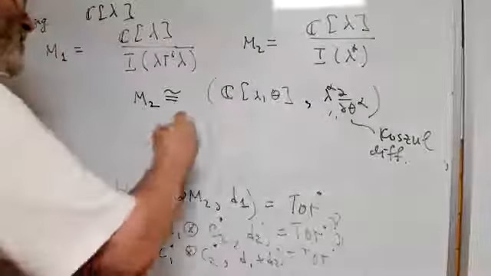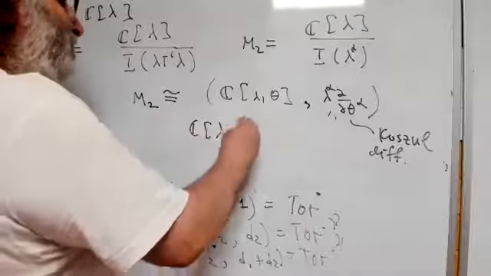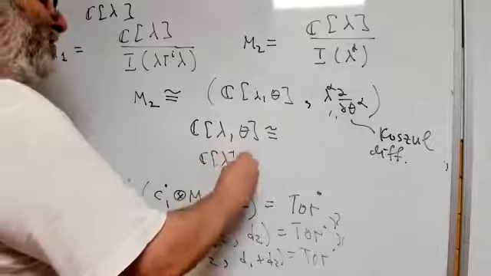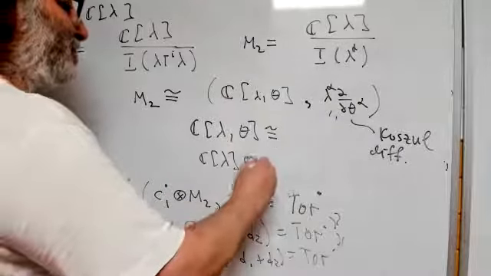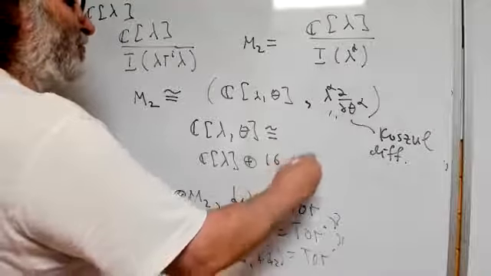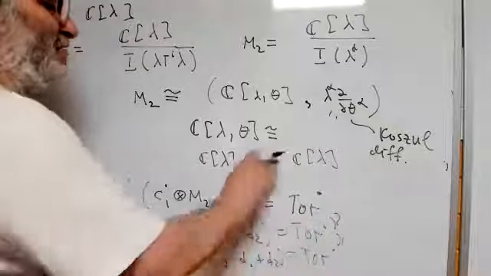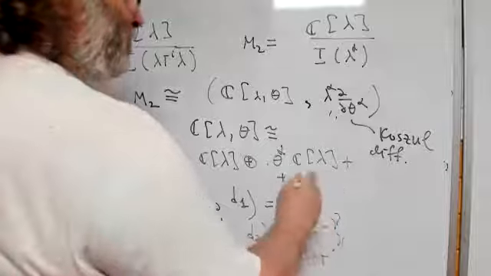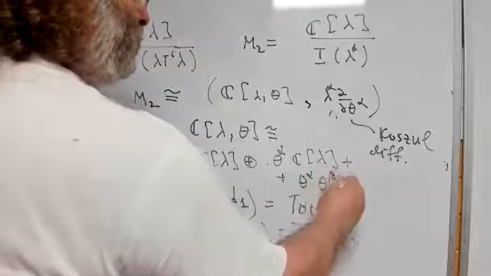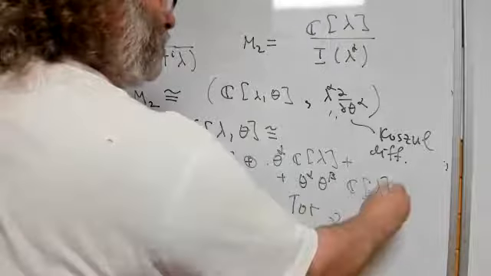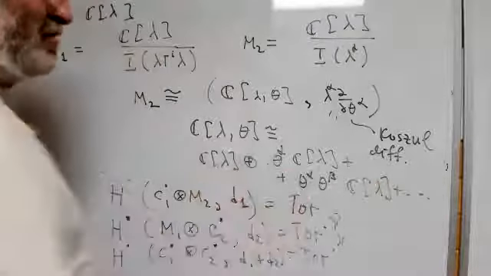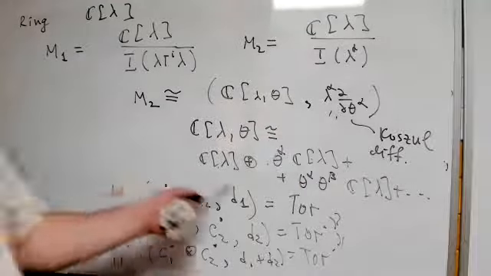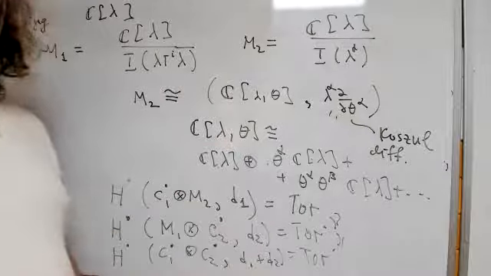It's because C of lambda, theta is nothing but C of lambda plus 16 copies of C of lambda times theta alpha. But all these modules are clearly free. So that's why we actually have the sum of free modules.